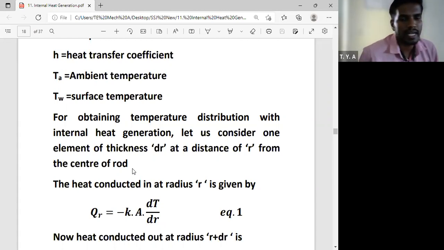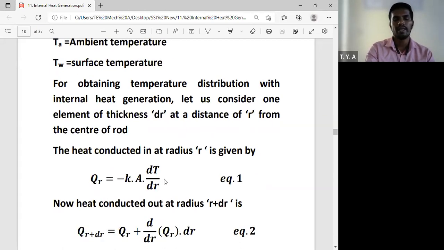The heat conducted in at radius r is given by Qr is equal to minus K into A into dT by dr. Here the variable is radius.